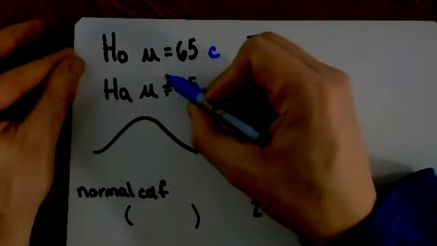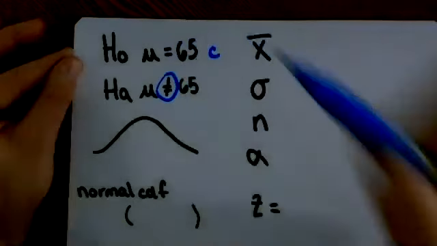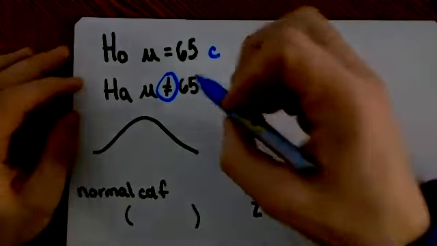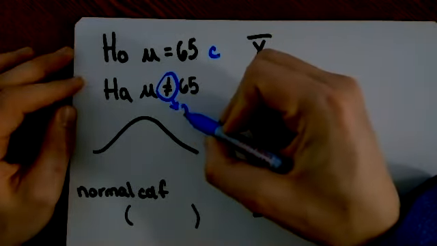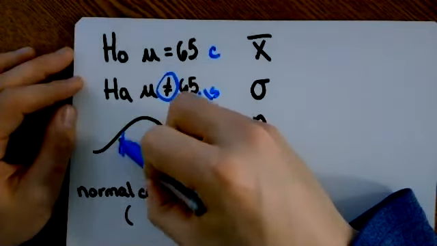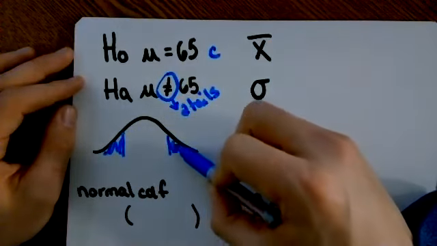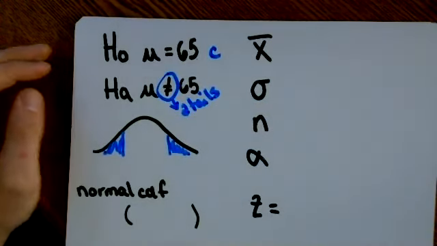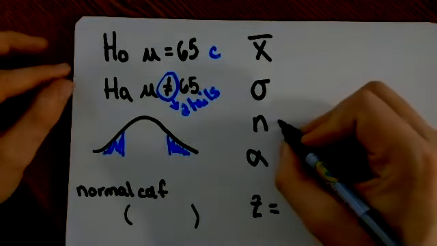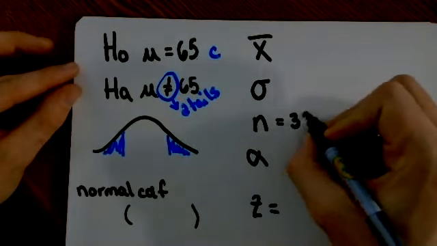And then while I'm there, if I look at the H sub A, the tail of my normal curve is always based off of H sub A. So this would imply 2 tails. So on my curve here, I know I have something that looks like this, a 2-tailed curve. It said that I had a study of 32 farms, so that's my n value.